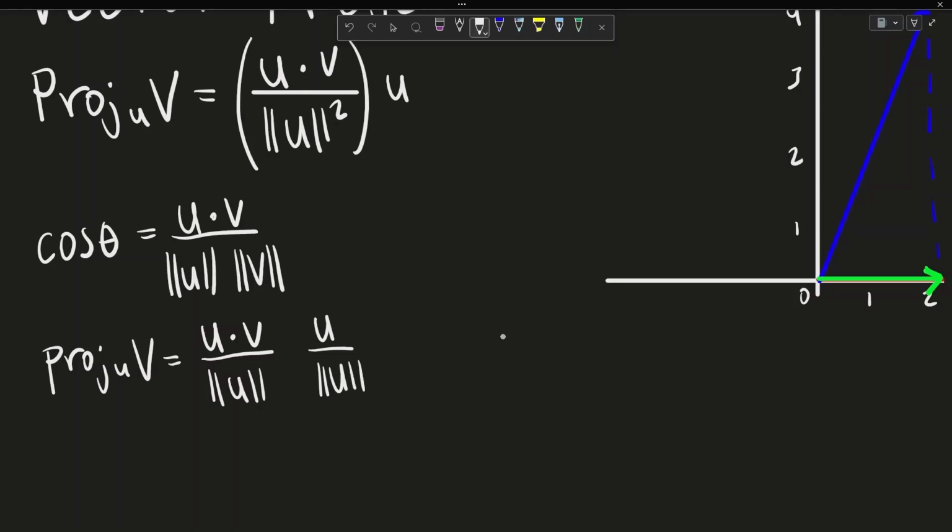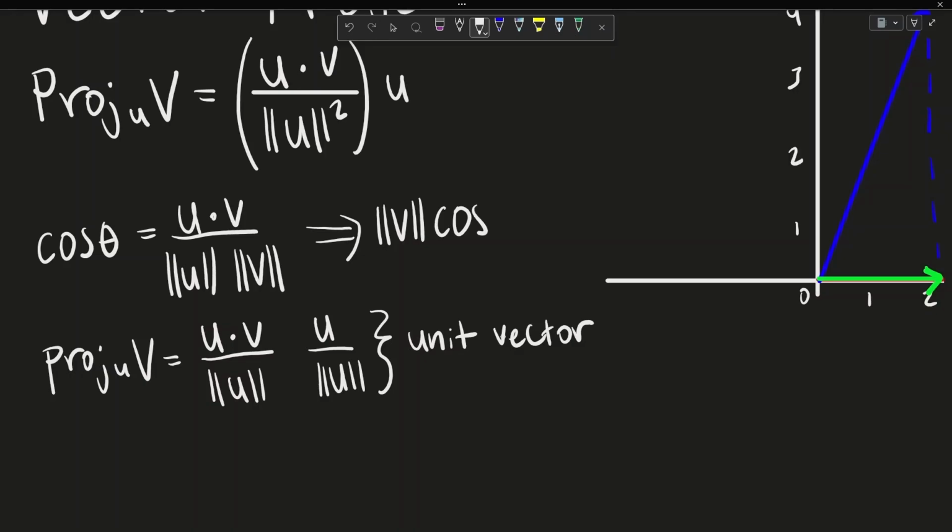Now if you remember from episode 1, u over the magnitude of u gives us the unit vector. So this is a vector that's pointing in the same direction as u, but it has a unit magnitude of 1. And so what we find here is that we're taking this value, which is the cosine similarity, but multiplied by the magnitude of v. So we have the magnitude of v times the cosine similarity, and then multiplying the unit vector by that.